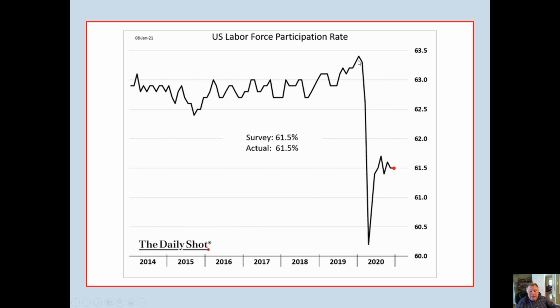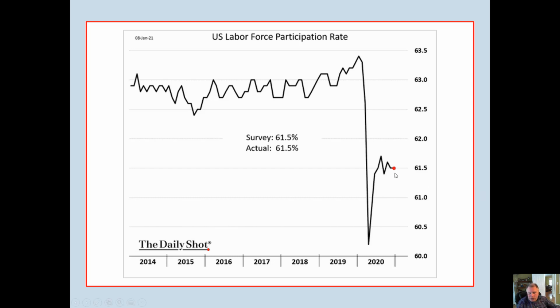And that's where this comes in, who's in the labor force. When we were getting towards the end of 2019, we had just about 63.4% of people in the U.S. over the age of 18 actually participating in the workforce. Excluding those that are retired, those that are in school like you and not working, and then there are those who are just out of the workforce. But look what happened with the pandemic. We lost a lot of people out of the workforce. A lot of that was mothers staying home, fathers staying home to take care of kids.